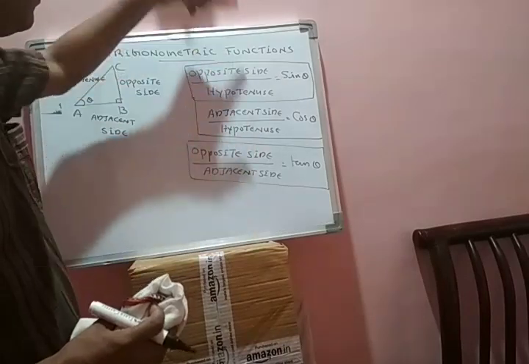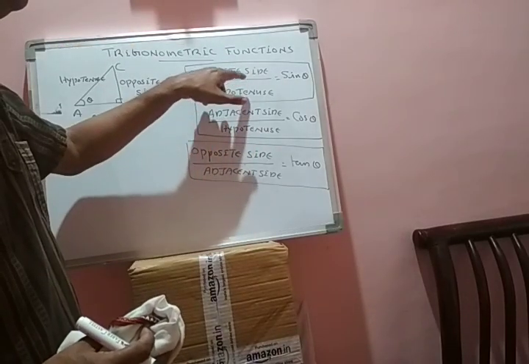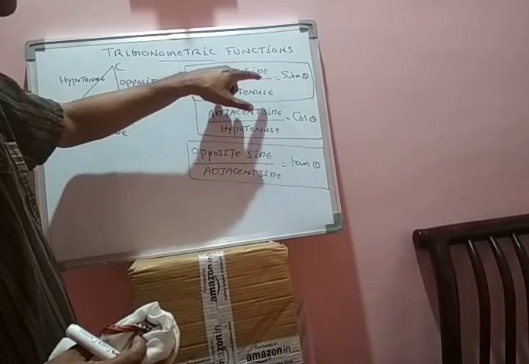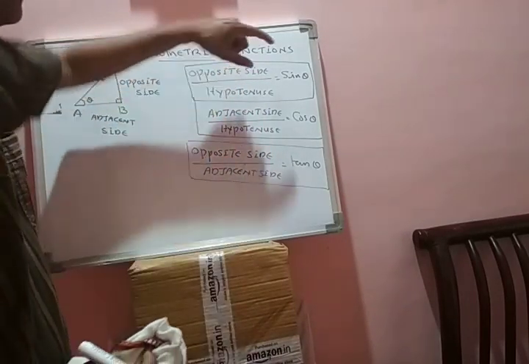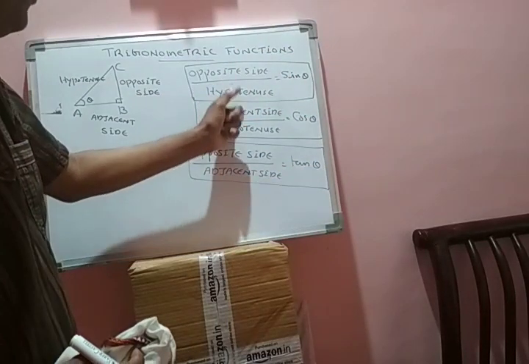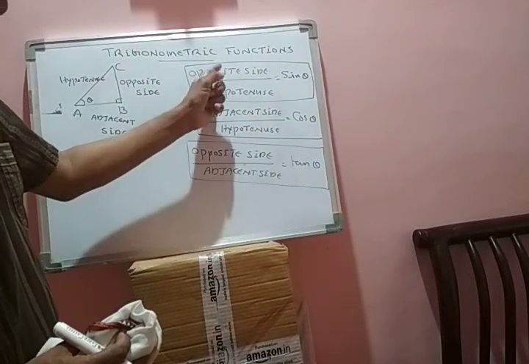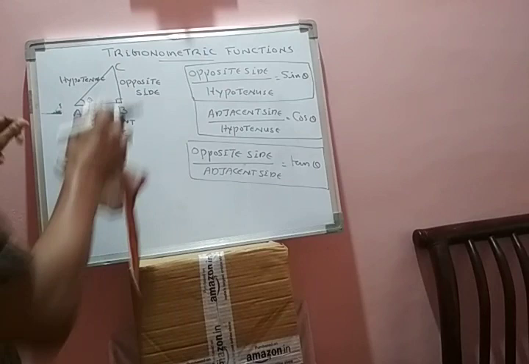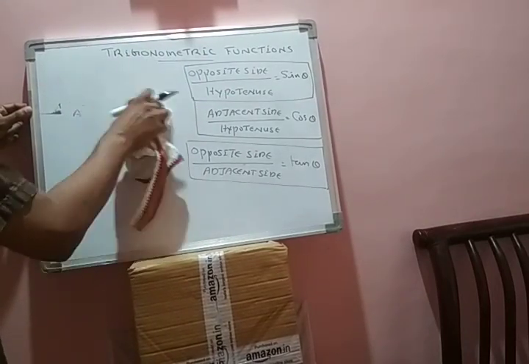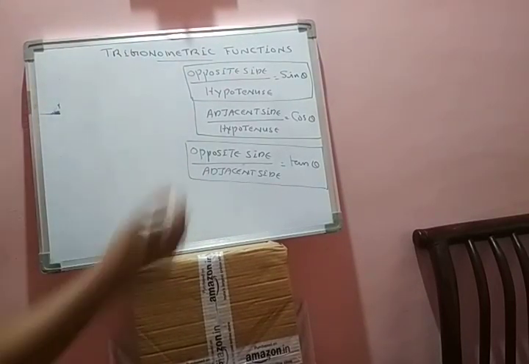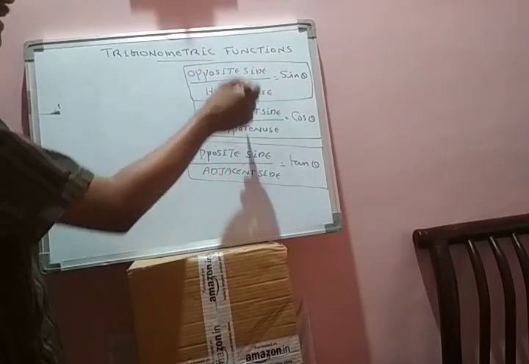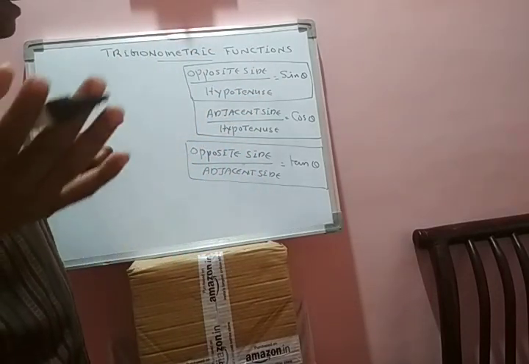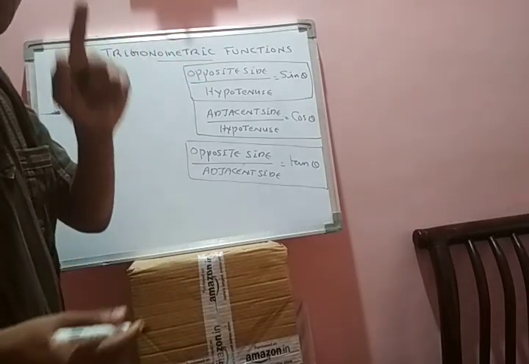If we take the reciprocal of these ratios, we get another three ratios. Reciprocal of sin theta: interchange numerator and denominator, so the hypotenuse is the numerator, divided by the opposite side as the denominator.